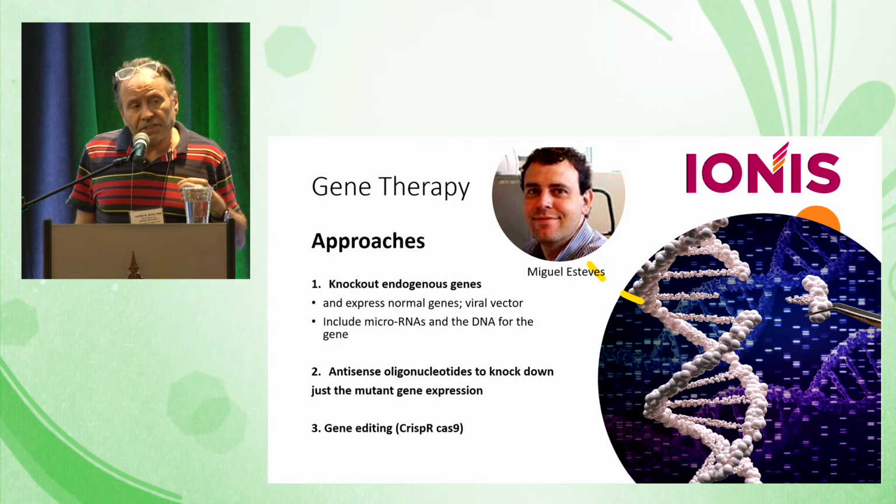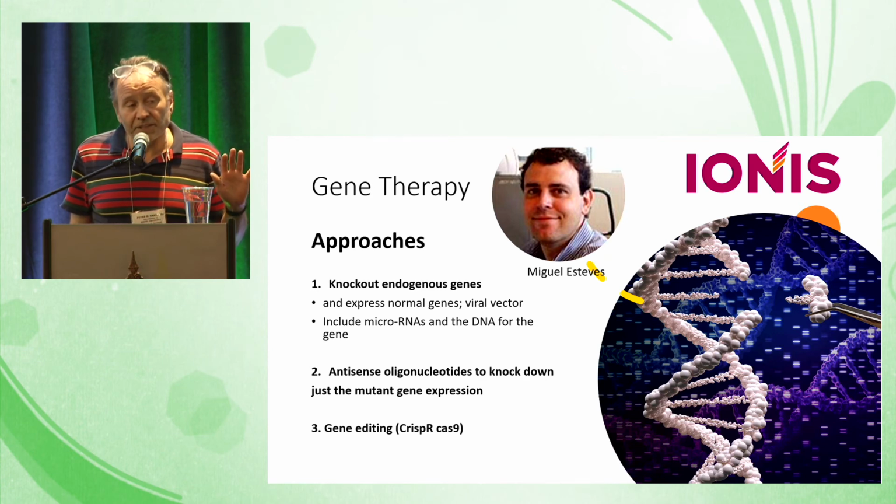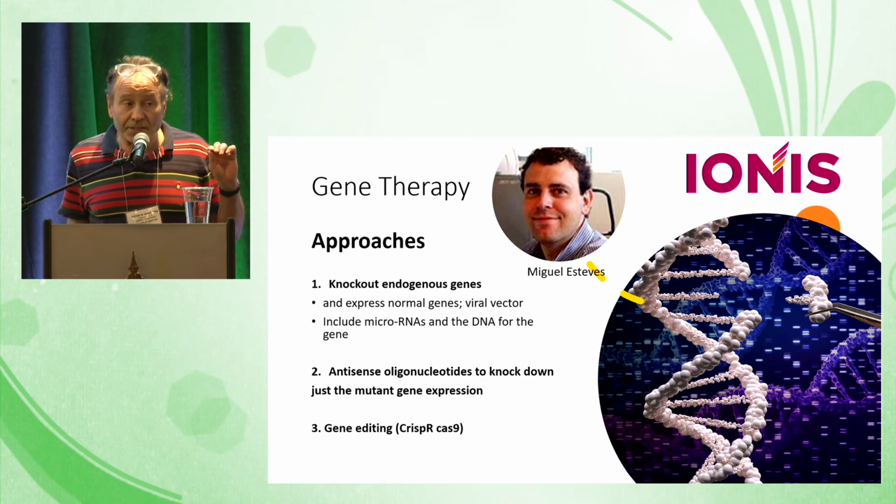And what antisense can do, we're working with a pharmaceutical company called Ionis, and they're the best. They're incredibly good at antisense. And what you can do with the antisense is you can target the mutant Spastin gene, and you can leave the wild type alone. You actually make it to target the mutation.